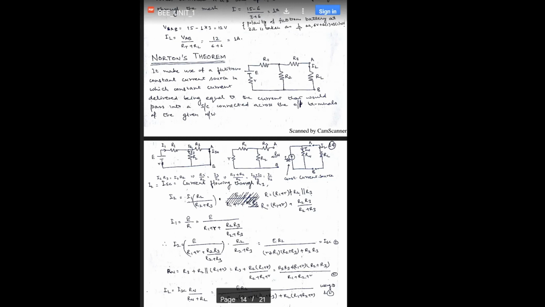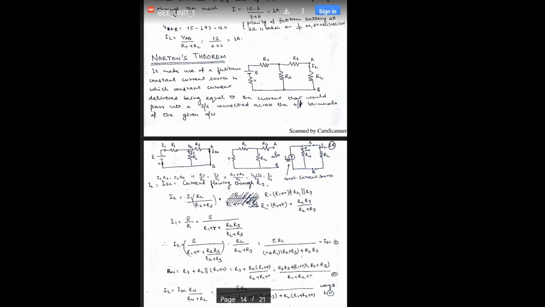So it makes use of a fictitious constant current source in which the constant current delivered is equal to the current that would pass into the short circuit connected across the output terminals of the given network.